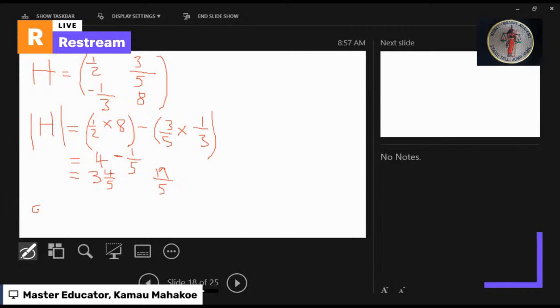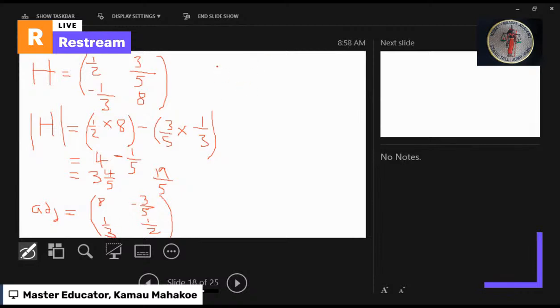For the adjoint, we switch places. So we'd have the 8 here, the half there, the negative, so change the sign, the 3/5 becomes negative 3/5, and the negative 1/3 becomes positive 1/3.